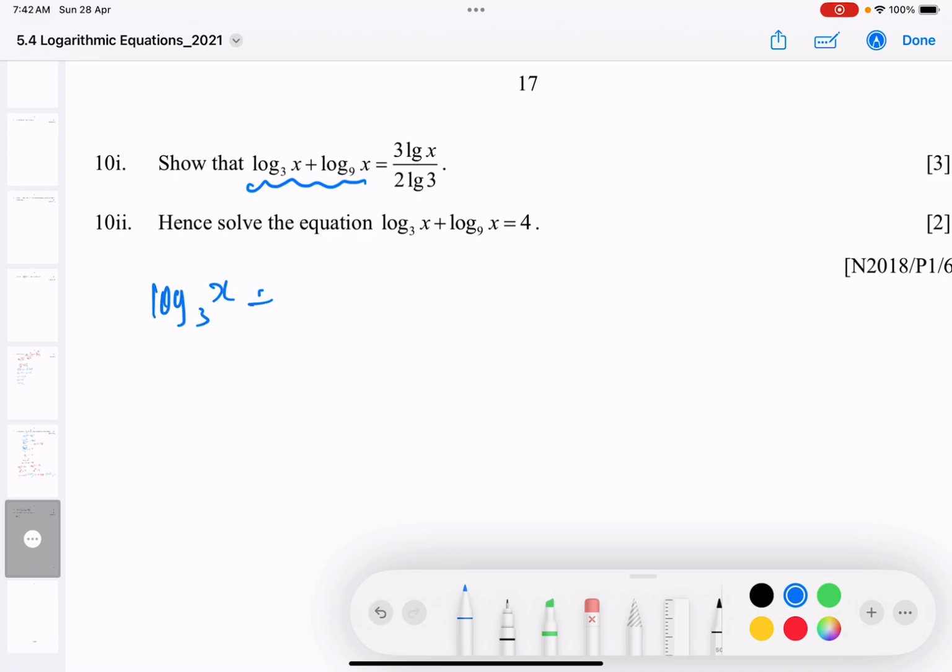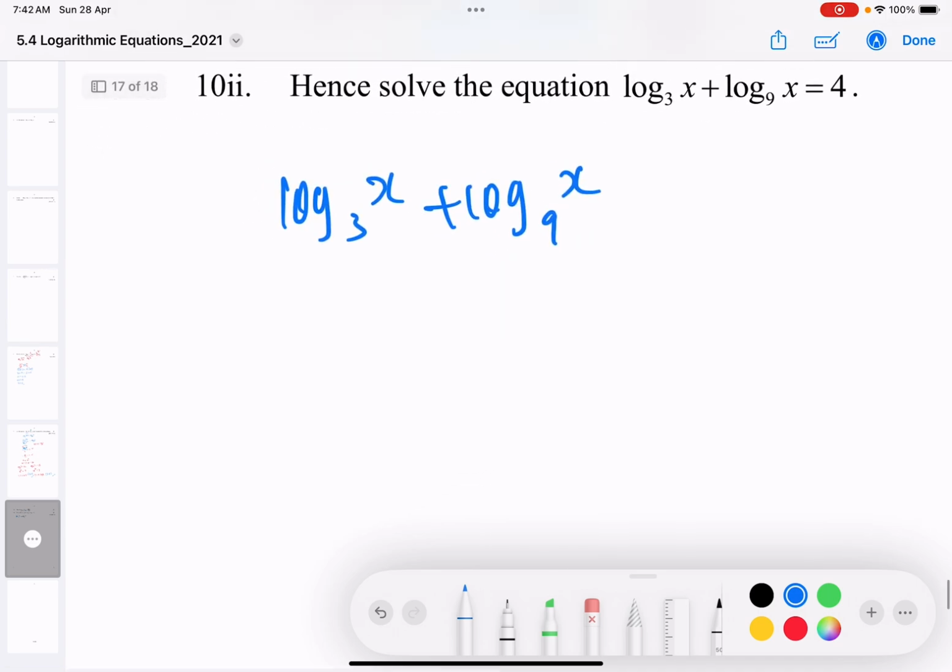Log base 3 of x plus log base 9 of x. Same thing, I'm going to follow my rules. I'm going to use change of base until it becomes the same base, right?